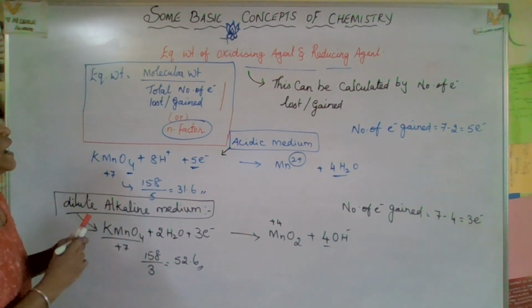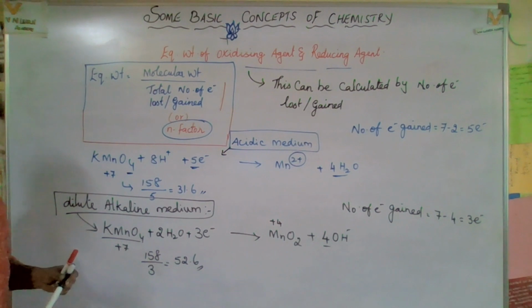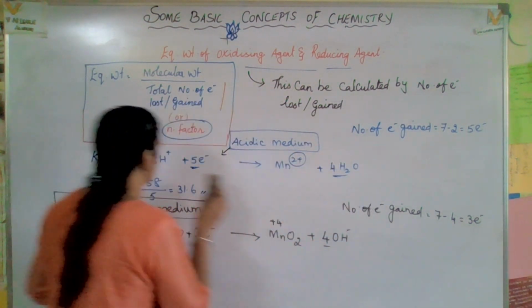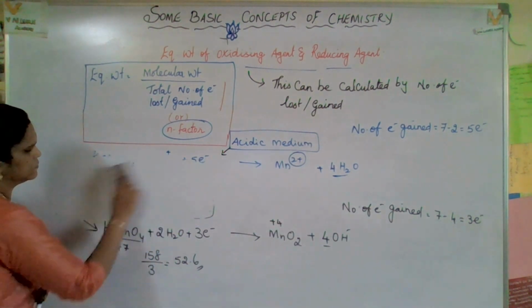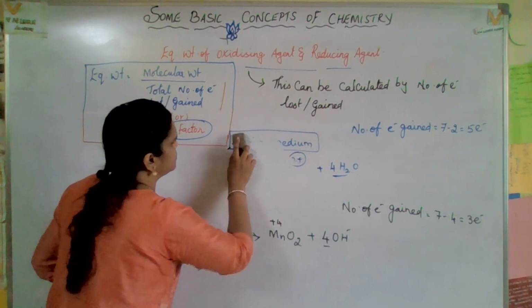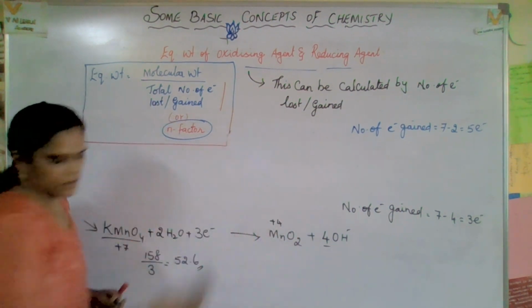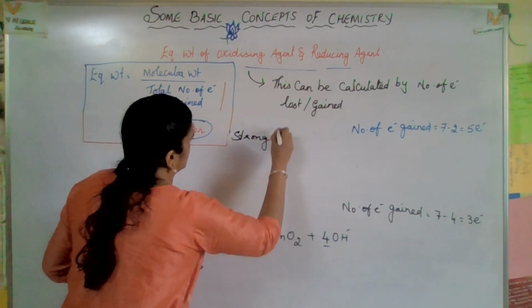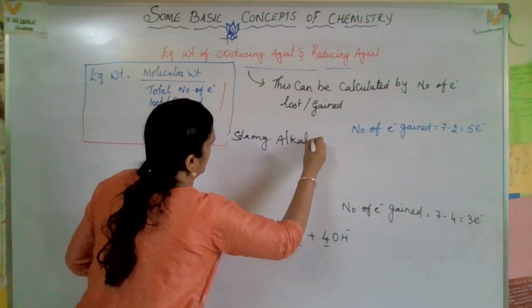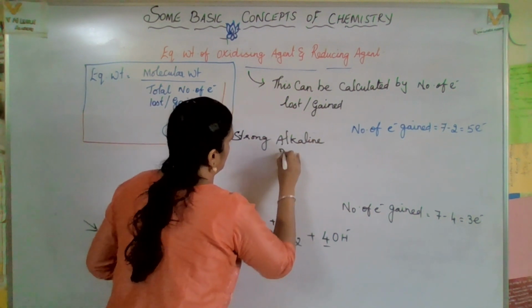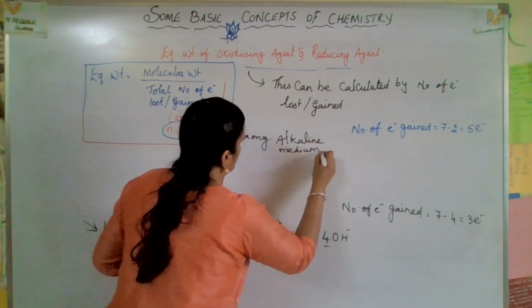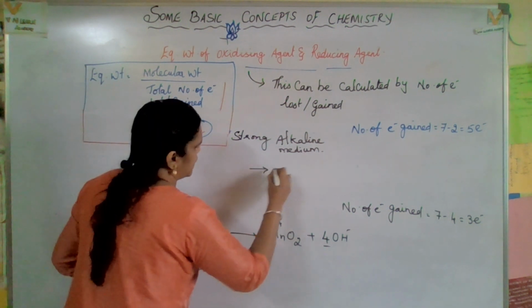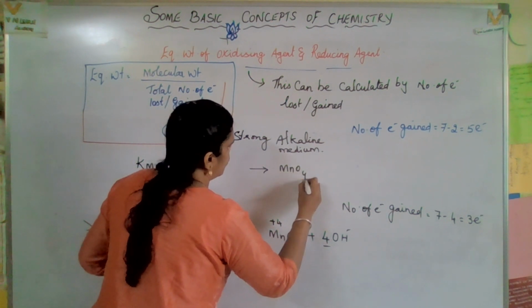Now let us go and check strong alkaline medium. How to find out that strong alkaline medium? I'll rub out this. Strong alkaline medium. So here KMnO4, you will get MnO4 2-.